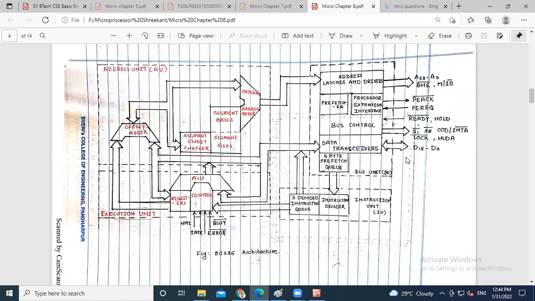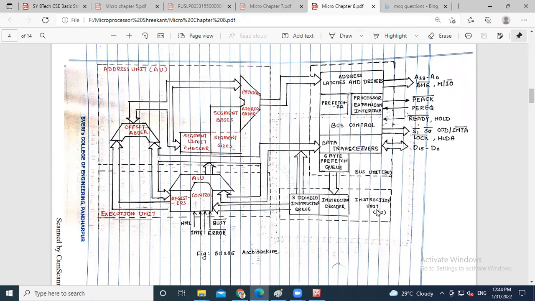But here we add 8 offset lines, and the address lines become 24, A0 to A23. We also use a 6-byte prefetch queue with the bus unit. This entire portion we call the bus unit, because all the buses work here, and this entire process is the instruction unit.